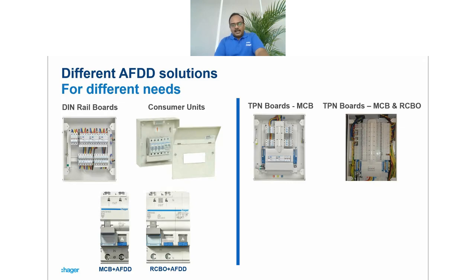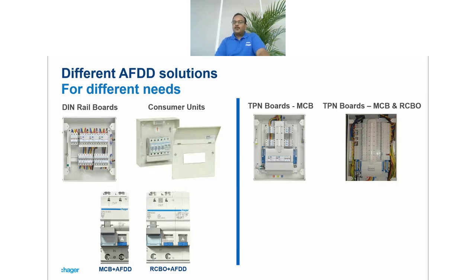When you look at taking the same product and putting it on TPN boards, it doesn't work, because as you can see, outgoing MCBs have a construction which cannot allow a two pole MCB and AFDD or RCBO plus AFDD to be put together. This construction doesn't work.